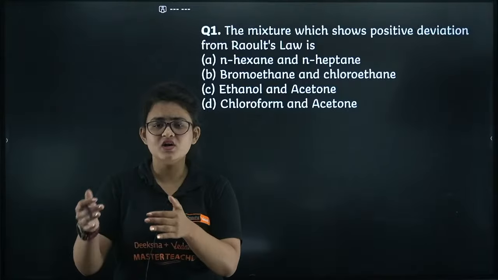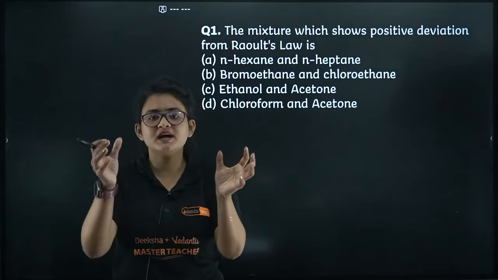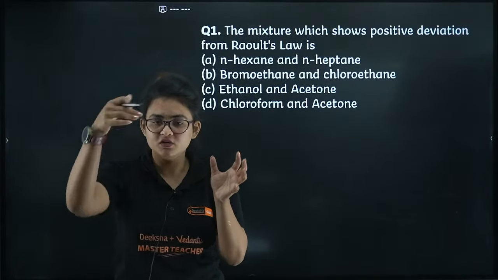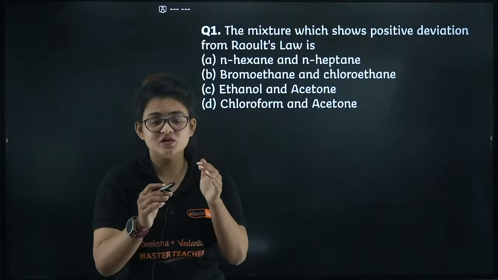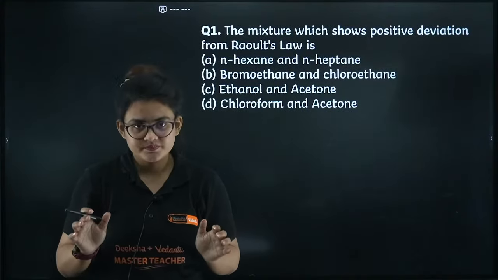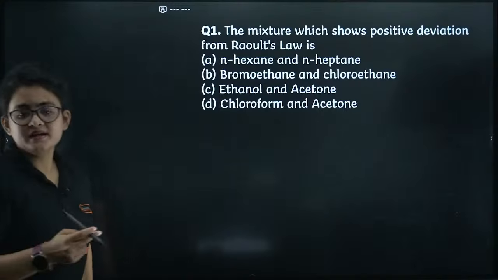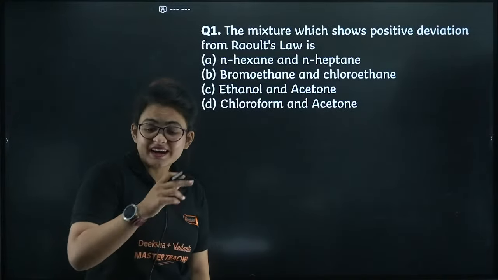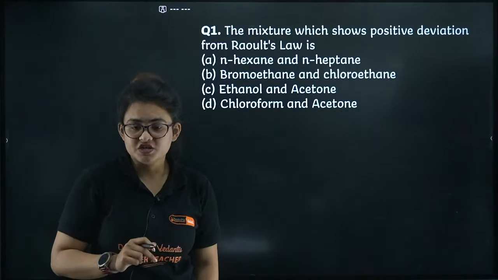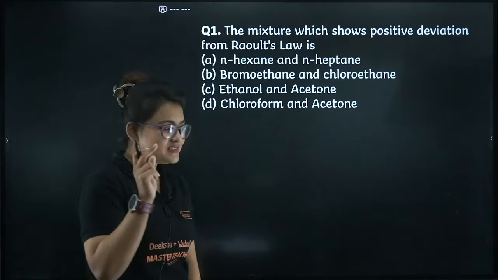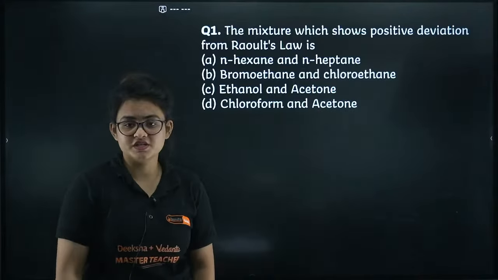But when you mix ethanol and acetone, acetone comes in between two ethanol molecules, and as a result the hydrogen bonding is disturbed. So A-A and B-B interactions become greater than the A-B interaction. This is the case for positive deviation.